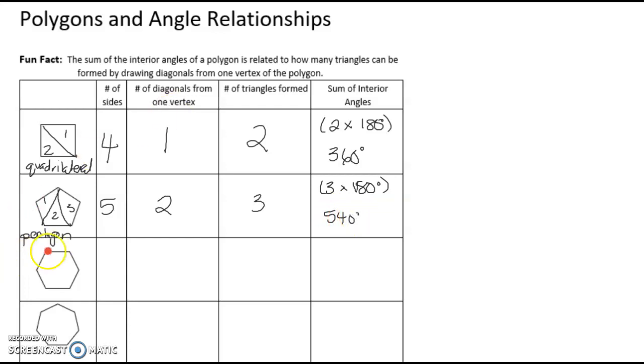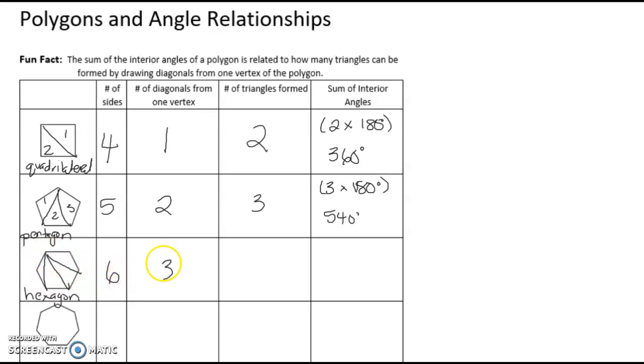Next one, we have 1, 2, 3, 4, 5, 6 sides. So 6 sides. This one is called a hexagon. All right, so if I picked one point, I'll just pick over here. I'll go straight down to make one triangle, then over, and then over.